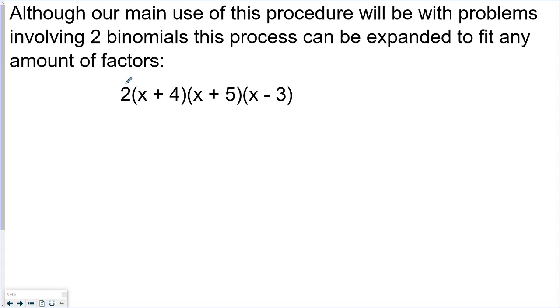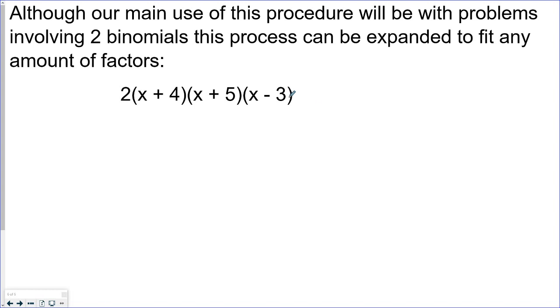So here I have 2, x plus 4, x plus 5, x minus 3. So I have essentially 4 factors, 4 things being multiplied together. Remember, a factor is something that's multiplied to something. So 2 is a factor. X plus 4 is being multiplied to these, so x plus 4 is a factor. The entire chunk is a factor. So I have 4 factors here rather than just 2.